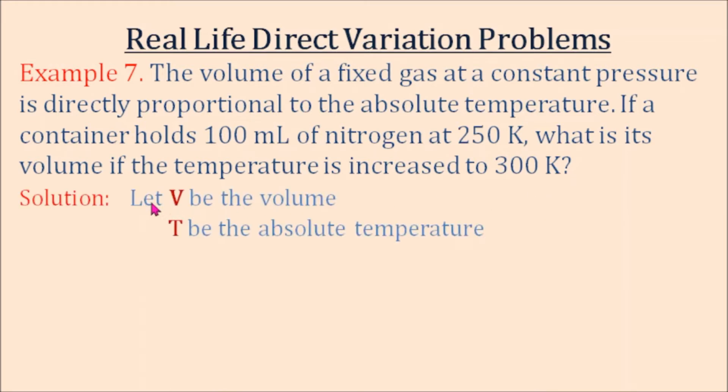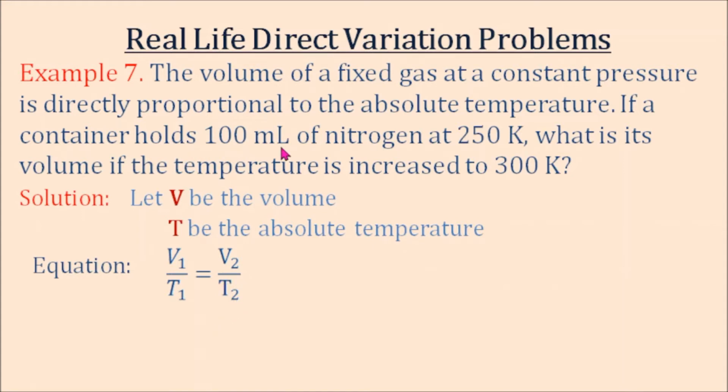First, let V be the volume and T be the absolute temperature. Now we are going to set up our equation. V sub 1 over T sub 1 equals V sub 2 over T sub 2.